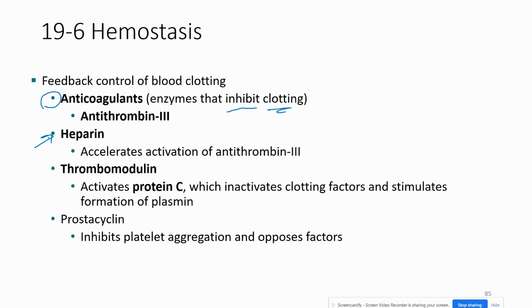It's kind of backwards, I guess, if you were in my head. Thrombomodulin will activate protein C, not the same thing as vitamin C. Protein C inactivates clotting factors and stimulates the formation of plasmin. Prostacyclin will inhibit platelets from aggregating and opposes certain factors.